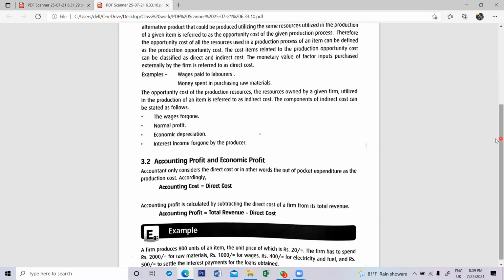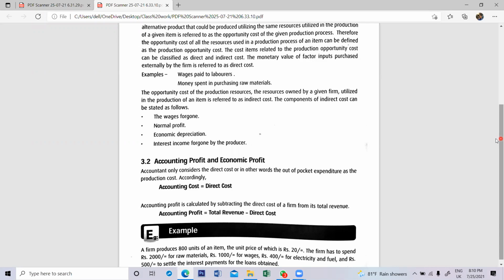When profit is calculated by comparing total revenue and total cost, total revenue is common in both cases, but the accountant's production cost is lower than the economist's production cost. Therefore, accountant profit is bigger than the economist profit. That's what the next one implies.